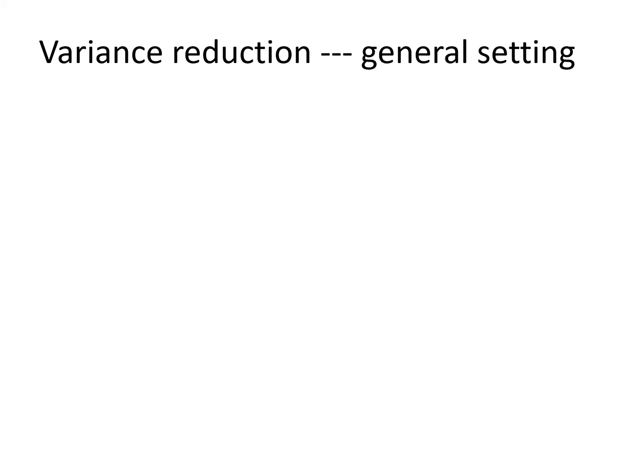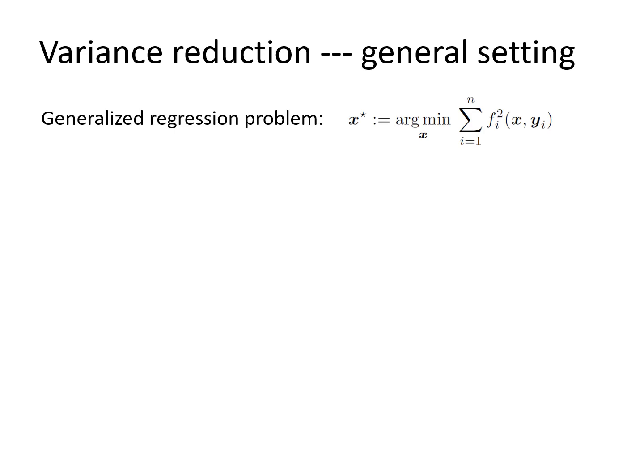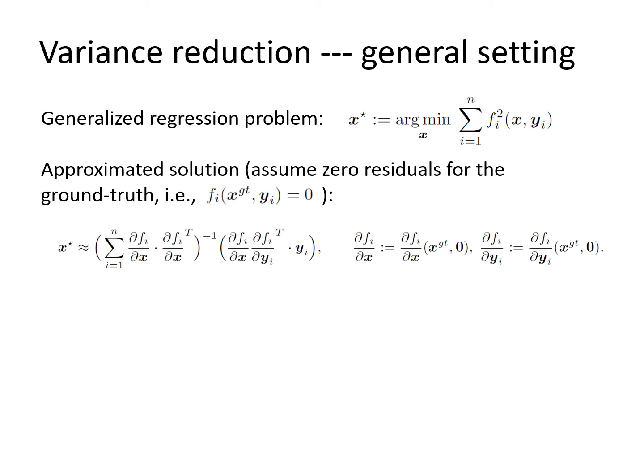We can consider a general setting where the output is given by solving nonlinear least squares. This setting applies to both hybrid pose for 6D pose estimation and H3DNet for 3D object detection. In this case, we can consider the local approximation of the optimal solution, which is a linear transform of the intermediate predictions y_i.